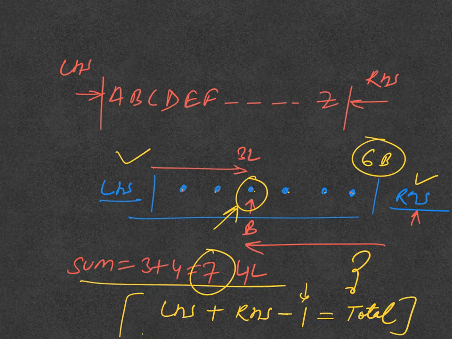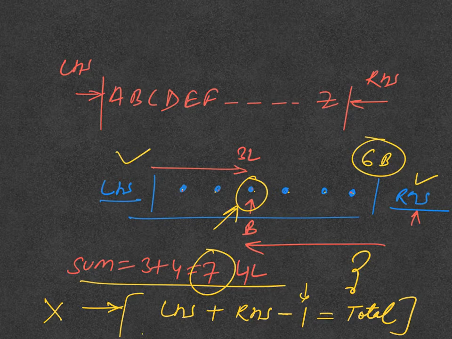And remember one thing, this formula is applicable only when we are considering the position of a single person from both sides. When we are considering the position of two different persons from either side, then this formula is not applicable. This formula is applicable when we are considering the position of a single person from either end, whether it is left or right end, or top and bottom end.